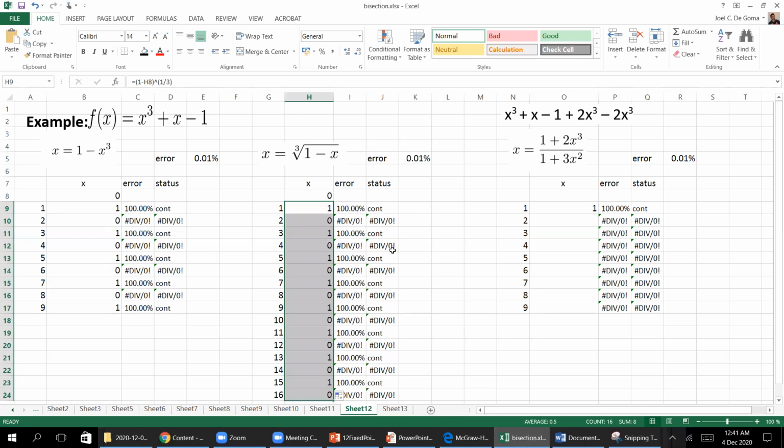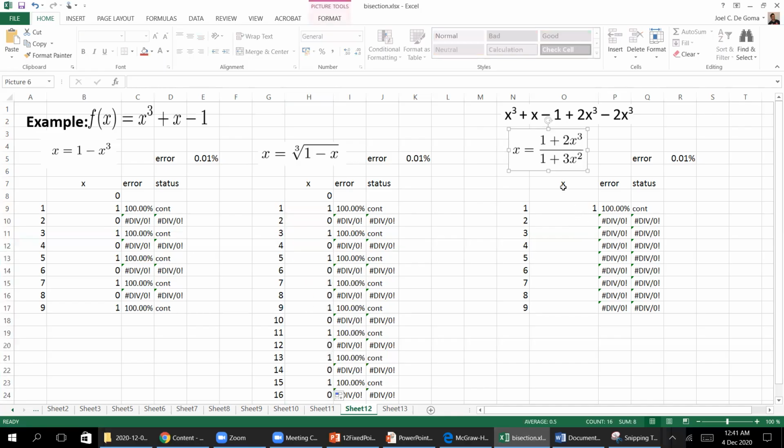Now let's move on with our third equation. But how did we come up with this equation? By introducing two terms, 2x cubed minus 2x cubed. We all know that these two terms, when evaluated, are equivalent to 0. Therefore, it's still equivalent to x cubed plus x minus 1.